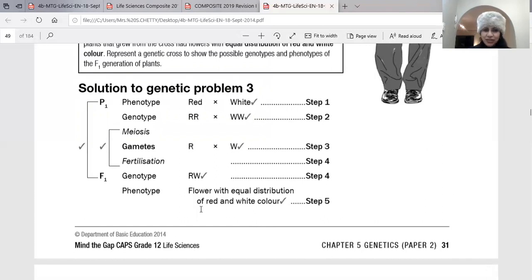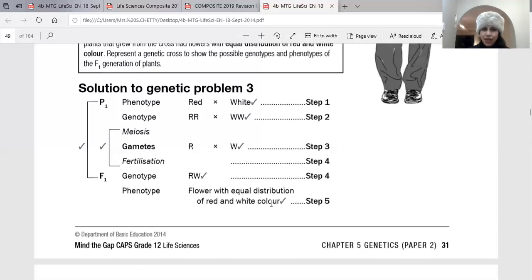In other words, this flower, this plant with this flower, cross another plant which bears the same type of flower. What would the offspring look like? Give me the genotypic and phenotypic ratios before I see you in the next video.